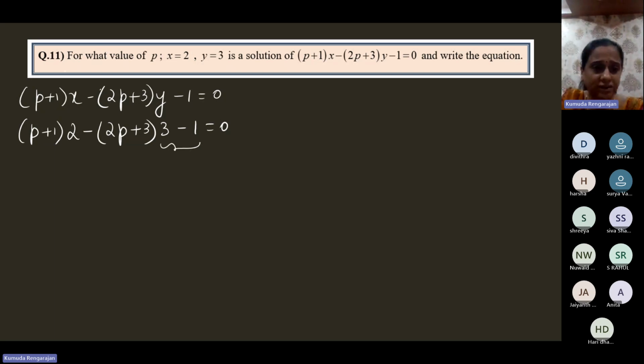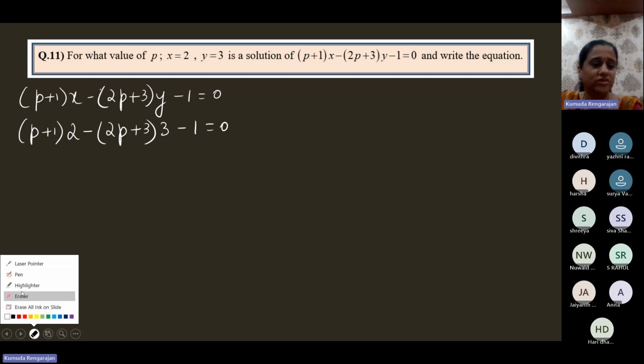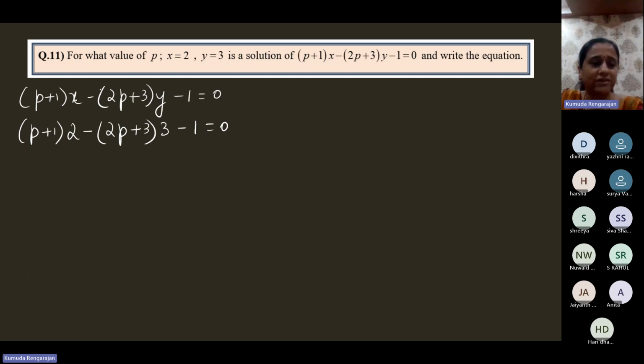See, it is x into p plus 1 and y into 2p plus 3. You need to multiply x with this bracket. So here 2 with this bracket p plus 1, and you need to multiply 3 with this bracket 2p plus 3. So don't do 3 minus 1, 2.